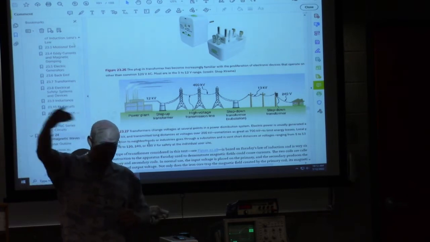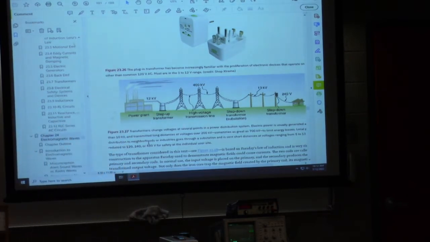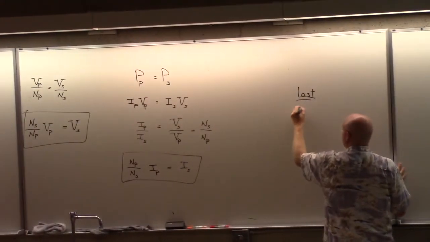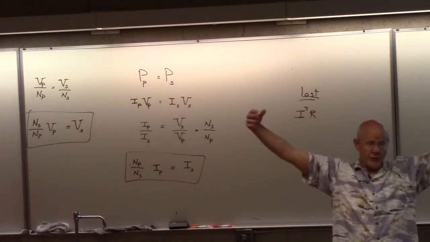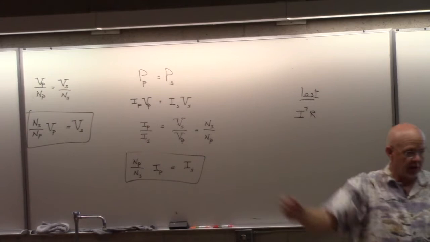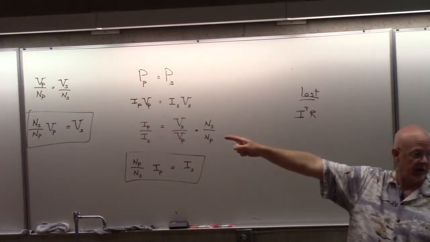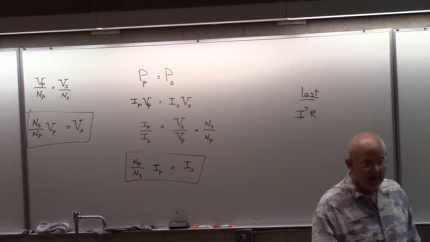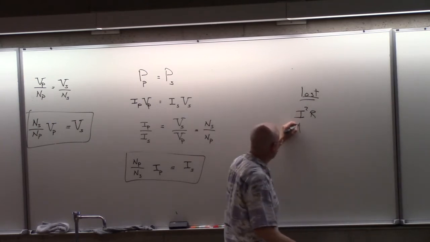So you've got 300 miles of wire there, and the loss of energy, remember, is I squared R. You've got these metal wires that are 300 miles long, and you're going to lose some energy as it goes from the generating station to where you're trying to deliver it. You want to make that as small as possible, and the way to do that is to make the current as small as possible.